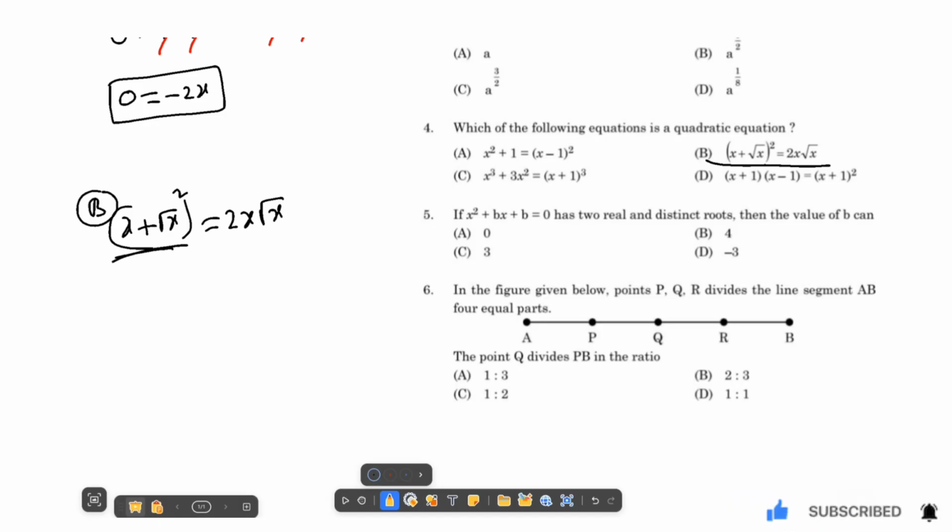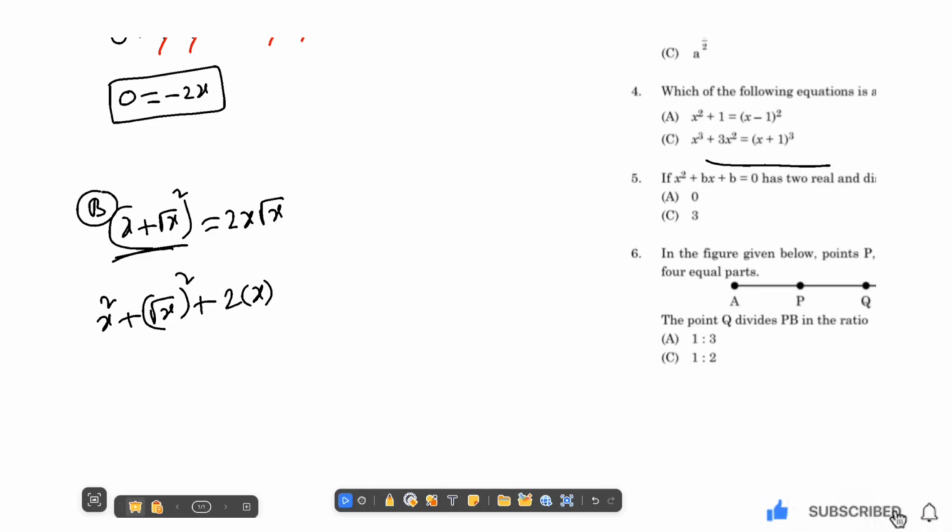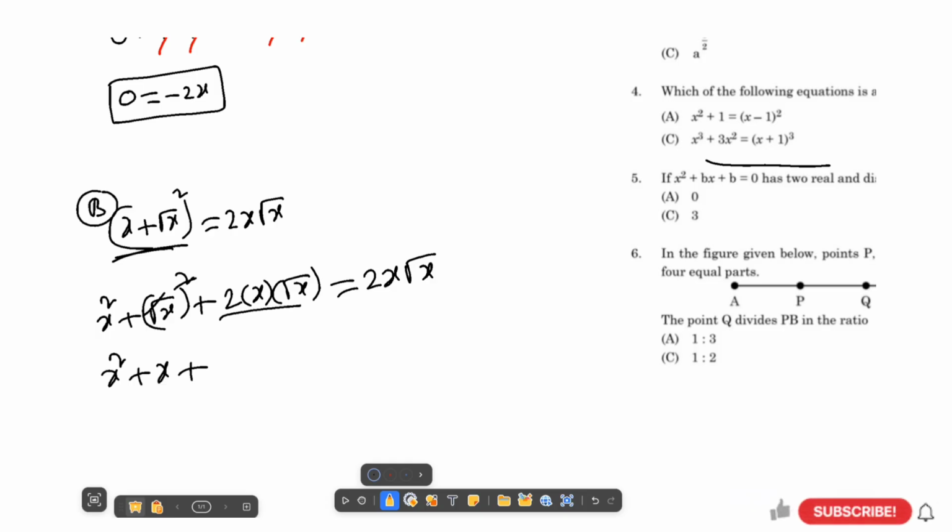On the left side apply the a plus b whole square formula: a square plus b square, root x whole square, plus 2ab, means 2 into x into root x. So a square plus b square plus 2ab equals the right side as it is, 2x into root x. Now x square plus root x whole square, square root and square get cancelled. Now it is only x plus 2 into x into root x, equal to 2x root x.